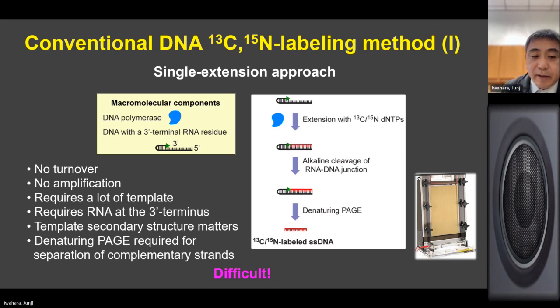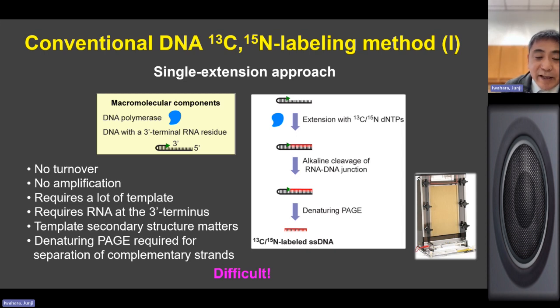In this approach, a hairpin DNA is typically used, and this is a special DNA with an RNA residue at the 3' terminus. And the enzyme extends the strand. Of course, if you use double-labeled dNTPs, this part of the DNA will be carbon-13, N15 labeled.